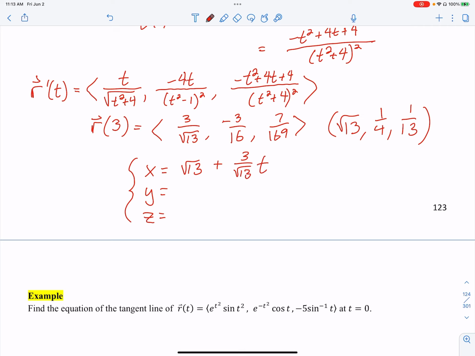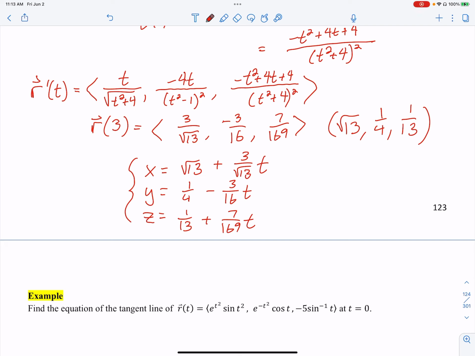It was the beginning point plus the slope, which is our directional vector, times t. So the next one's going to be 1/4 minus 3 over 16 t. And then the last one is going to be 1/13 plus 7 over 169 t. So there is my equation of the tangent line.